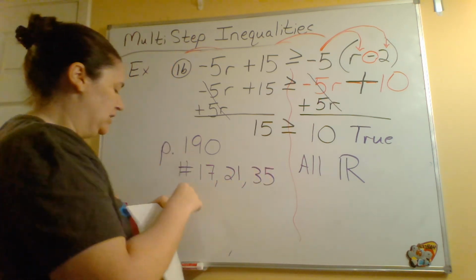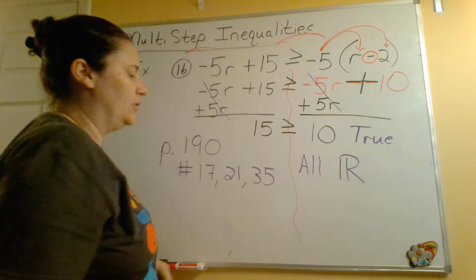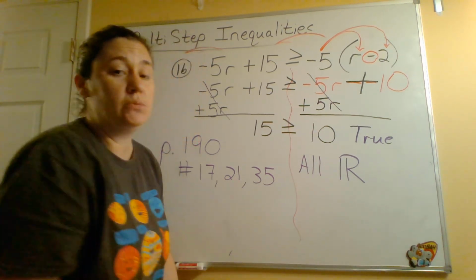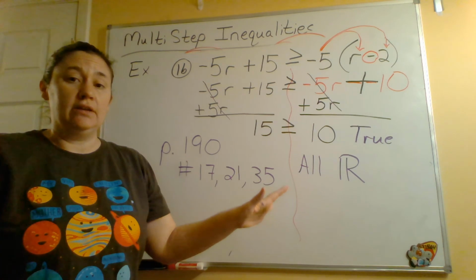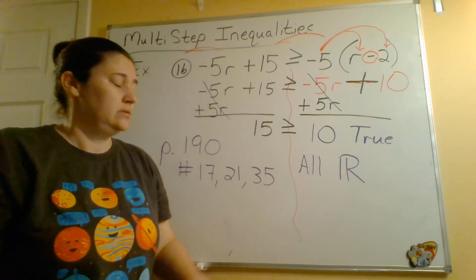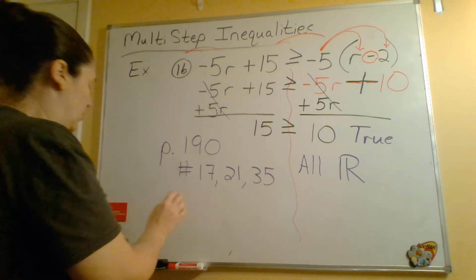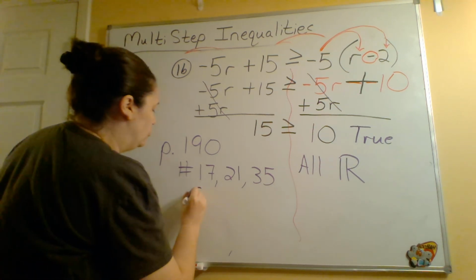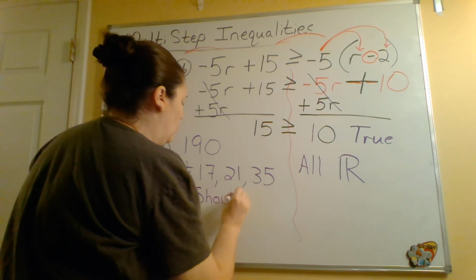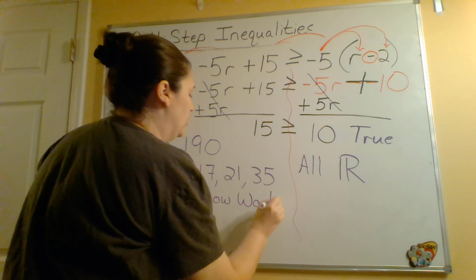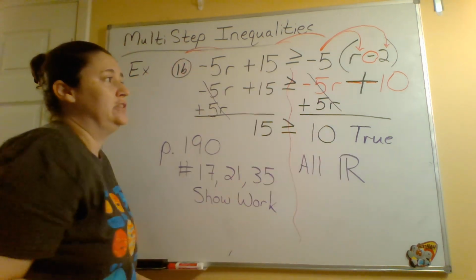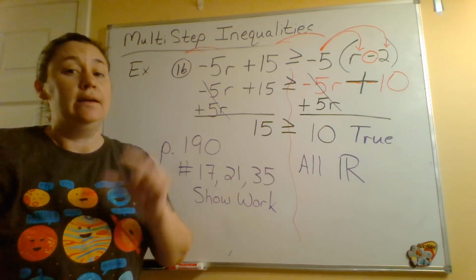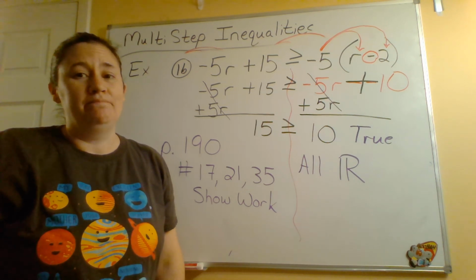And if memory serves me, I believe number 35 is one of those special problems where it's either going to be no answer or all of the answers. Make sure that you show work. You do have to show some work. You guys saw how much work I showed when I was solving these problems. You have to show me at least a little bit of something.